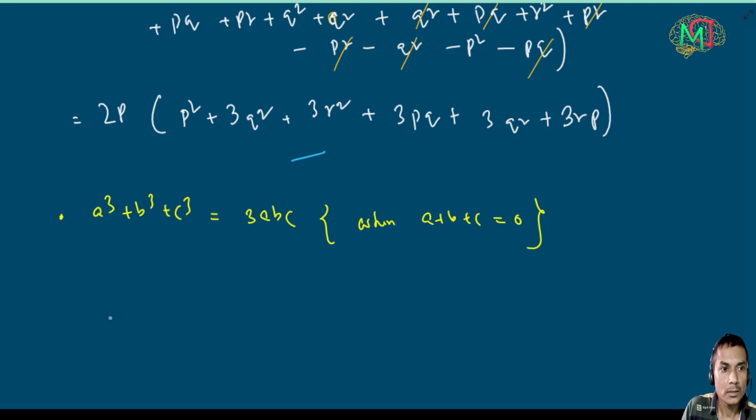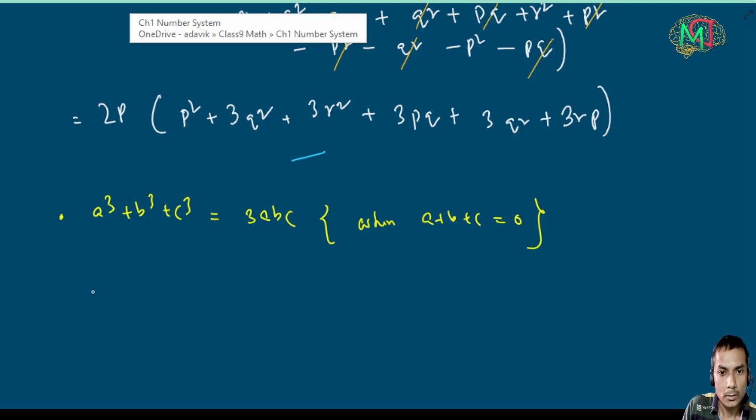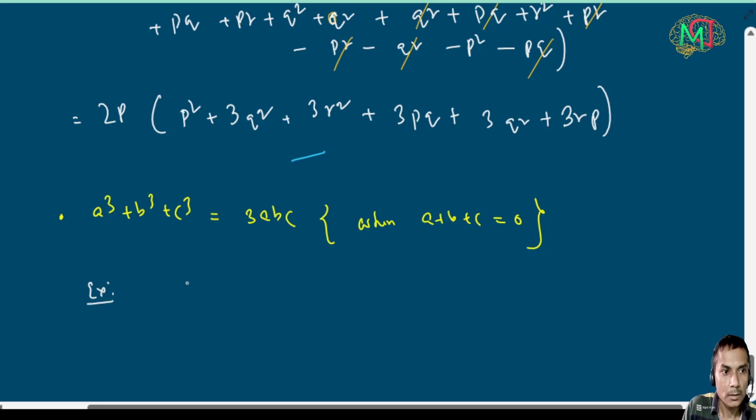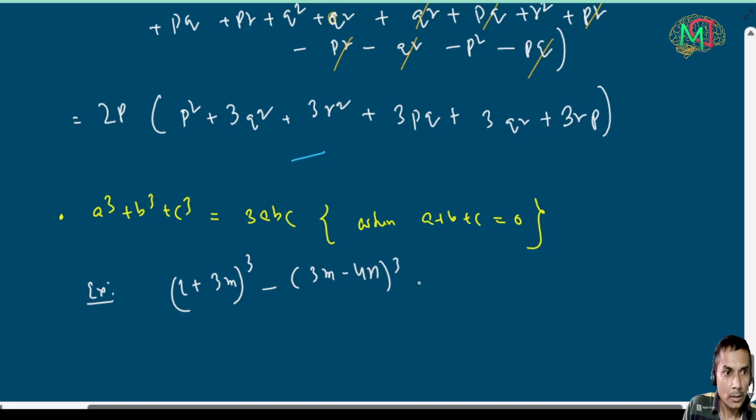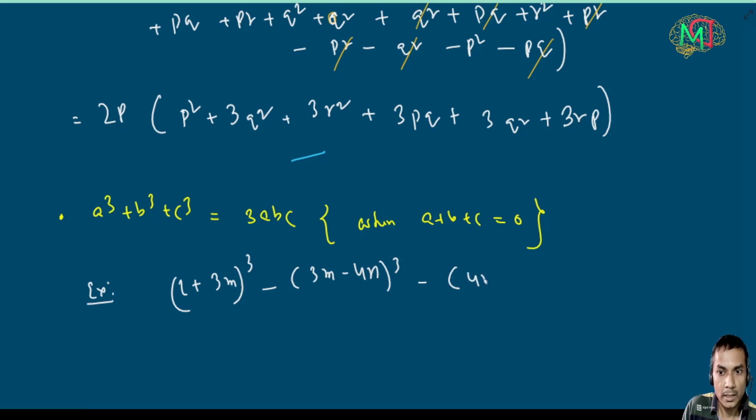Let's take one example, that is L plus 3m whole cube minus 3m minus 4n whole cube minus 4n plus L whole cube. Okay, so we have to factorize this polynomial. How can you do that?